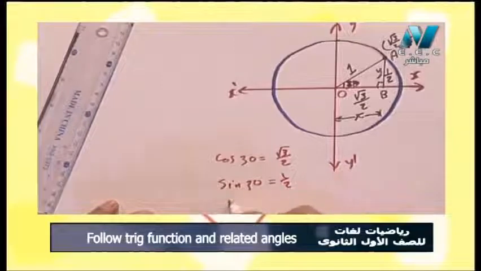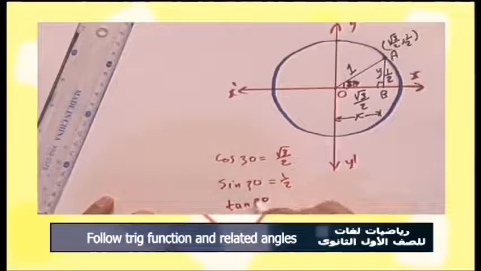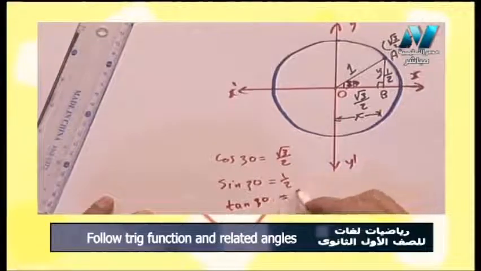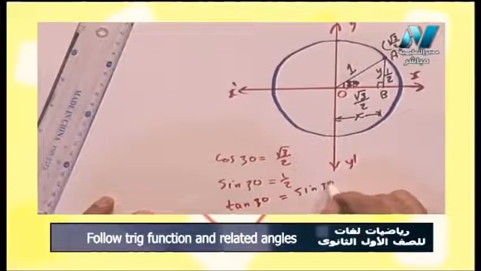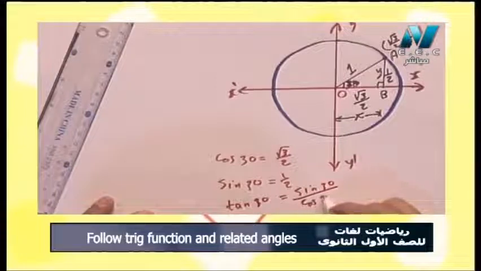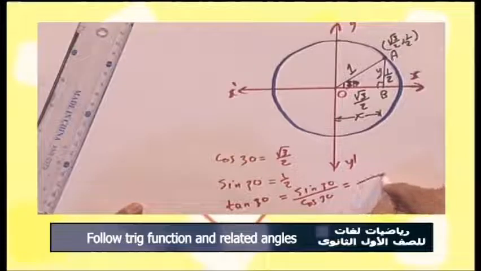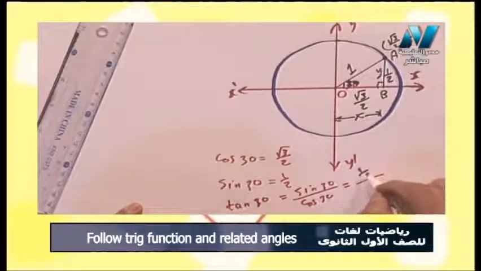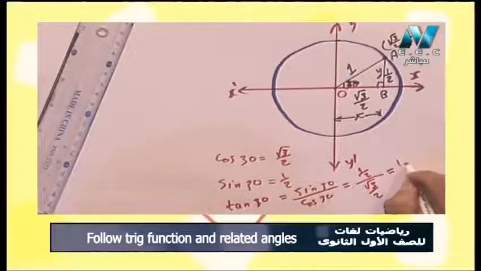Tan 30 equals sine 30 over cosine 30, as we said before. So it will be half over root 3 over 2, and it will be 1 over root 3.